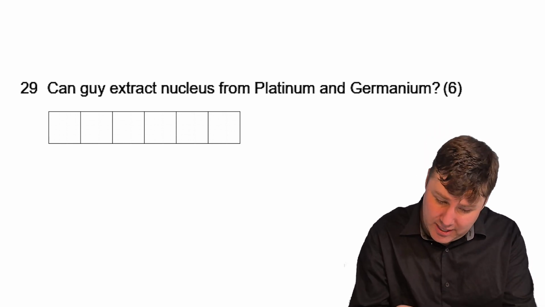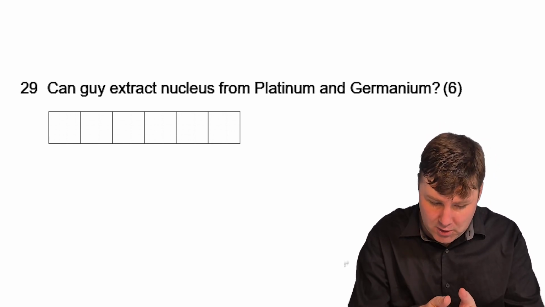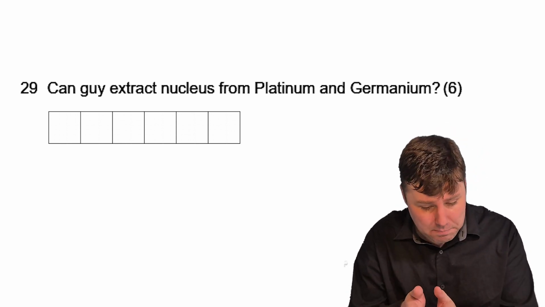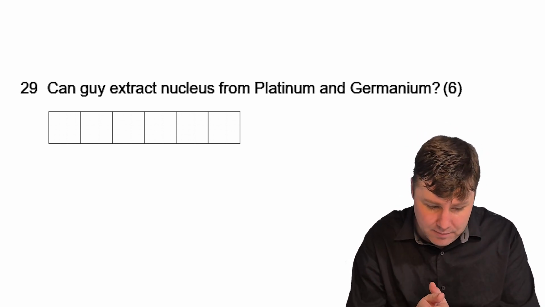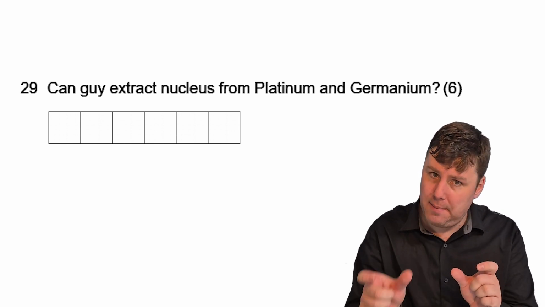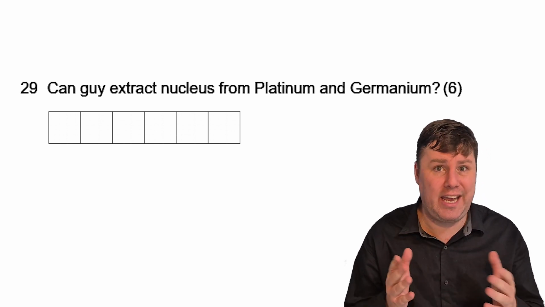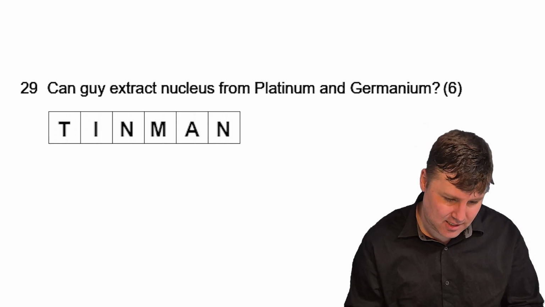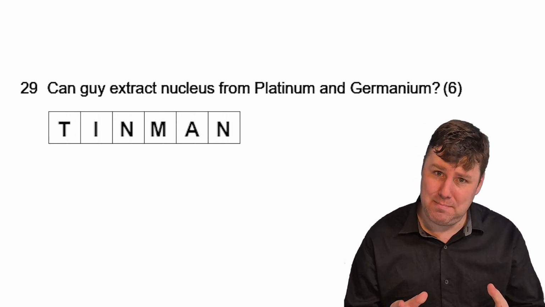And if we look in the center of platinum, you can see 3 letters in there. And if you look at the center of germanium, there's 3 letters in there. Extract tin and man, and we get a can guy, Tin Man. And that is our final answer for 29 down, Tin Man.